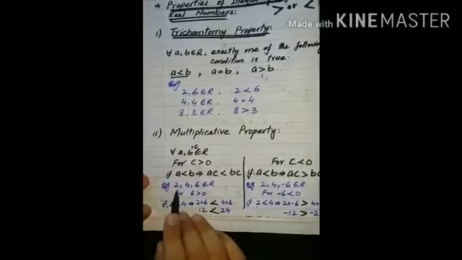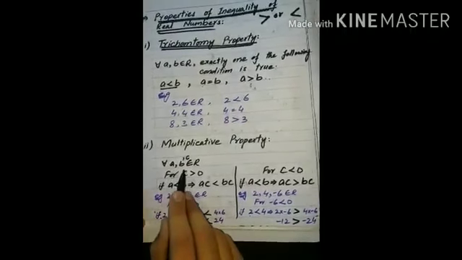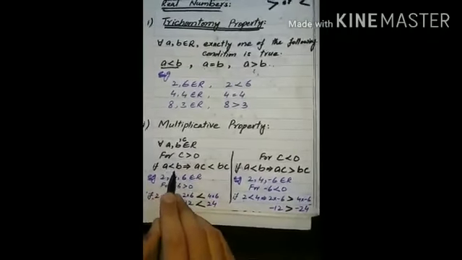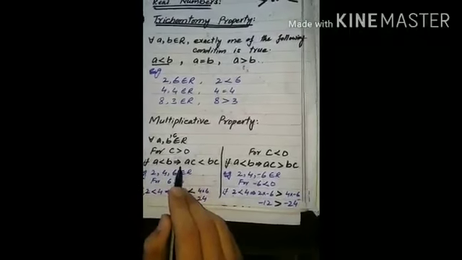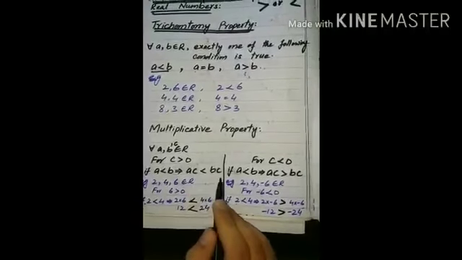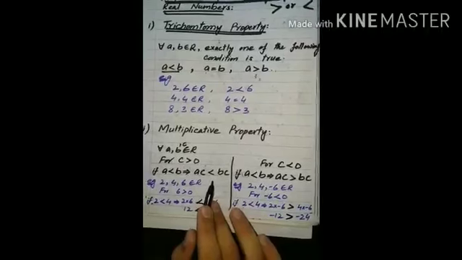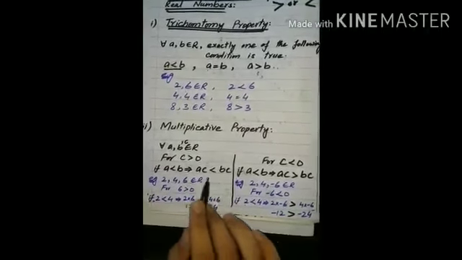So now if we have this relation between these two numbers a and b, if a is less than b, this implies AC is less than BC. We have multiplied by C on both sides, but the inequality remains the same, because we have multiplied a positive number on both sides of this inequality.